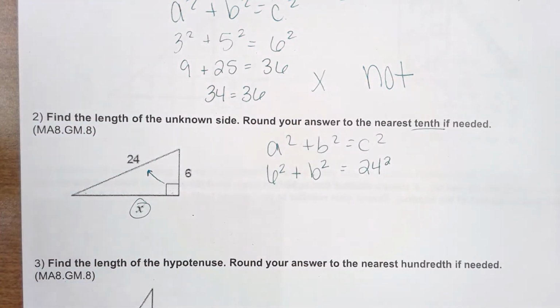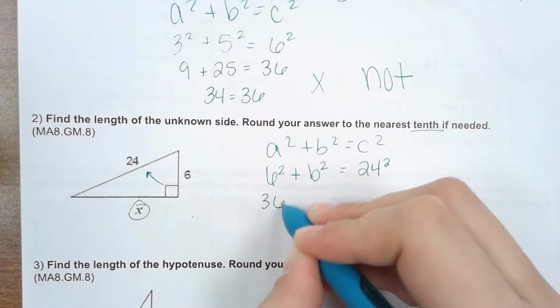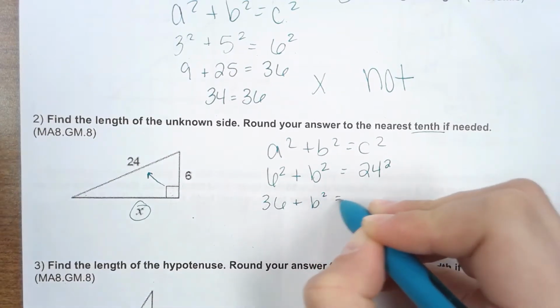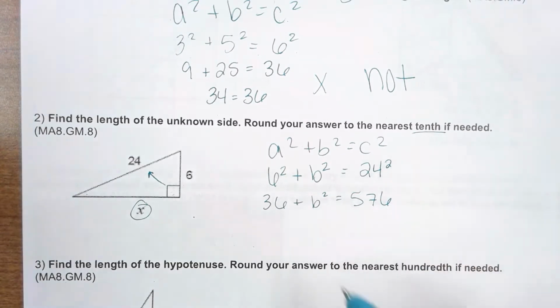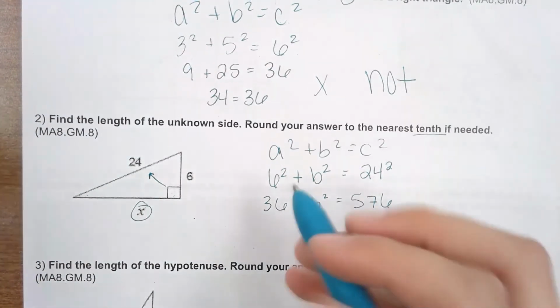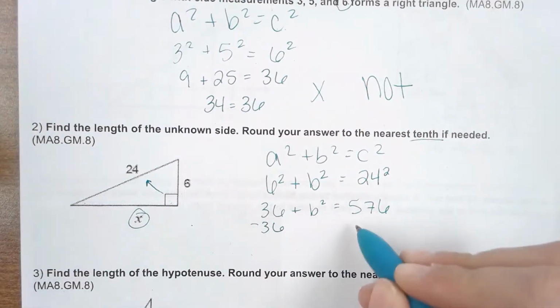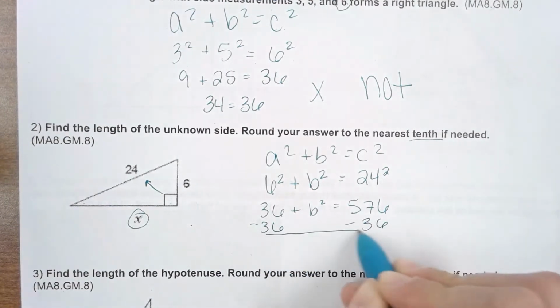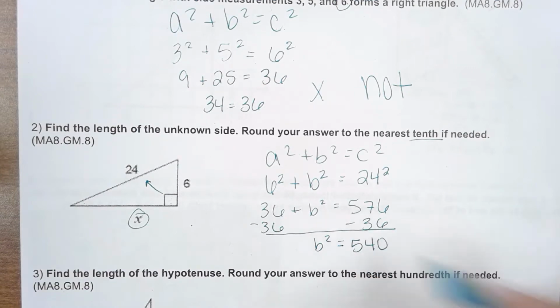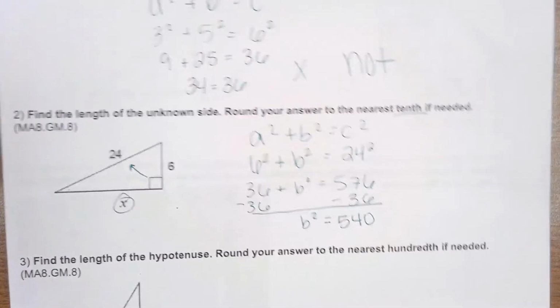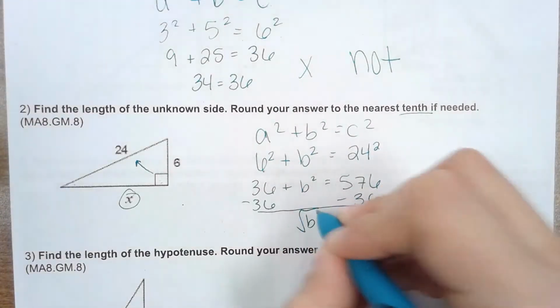Alright, so simplify. 6 squared is 36. Keep the b squared. 24 squared gives me 576. To get b squared by itself, I'm just going to subtract 36 from both sides. So we get b squared equals 540. And then your last step to get b by itself is to square root it.